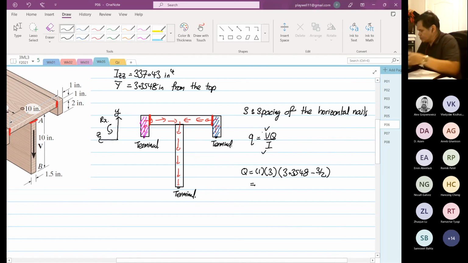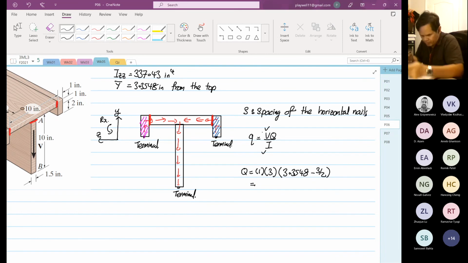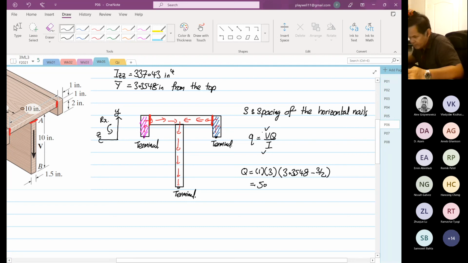So this will be equal to (3.3548 minus 1.5) times 3 times 1, which is 5.5644 inches cubed.